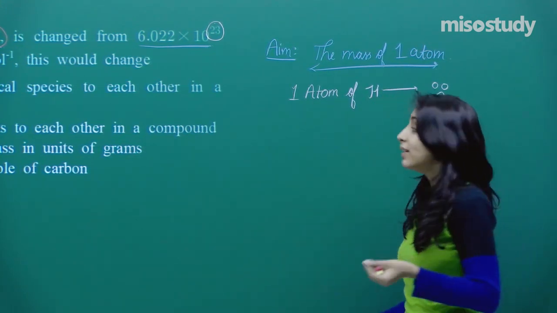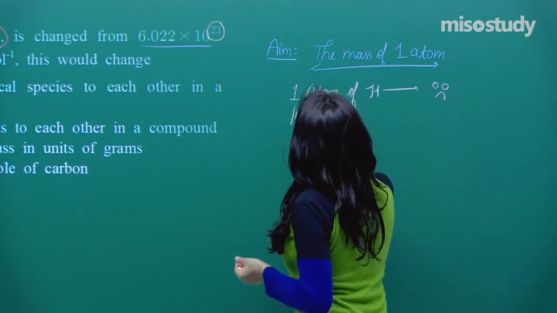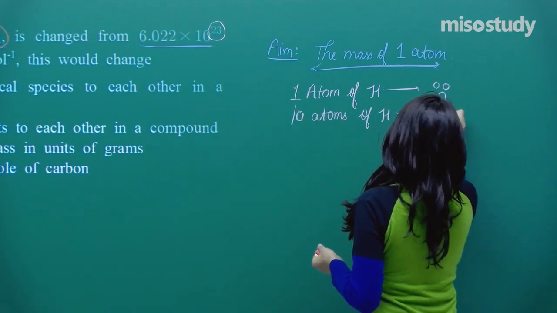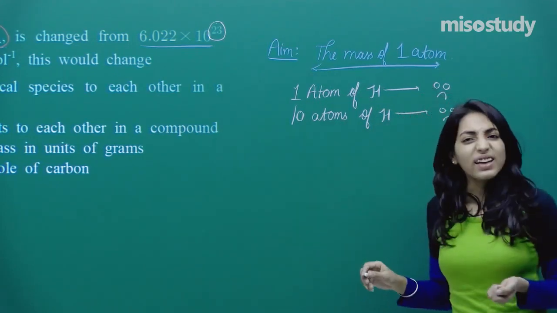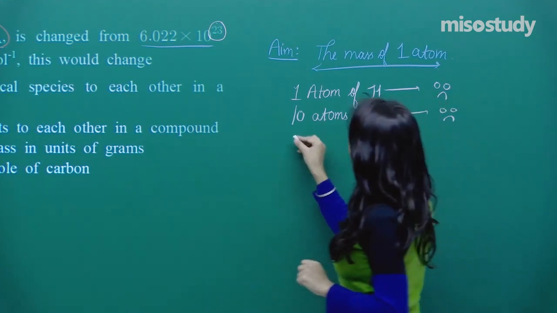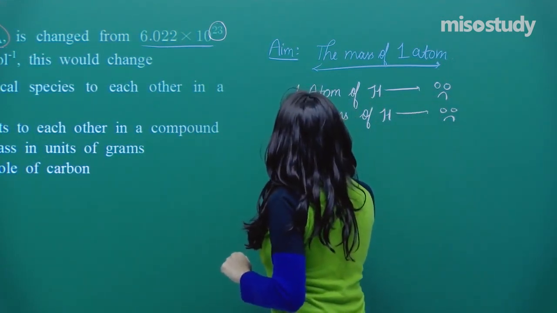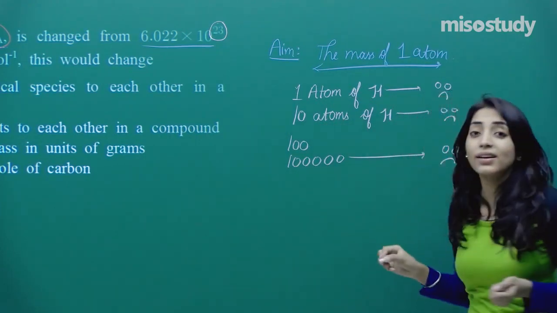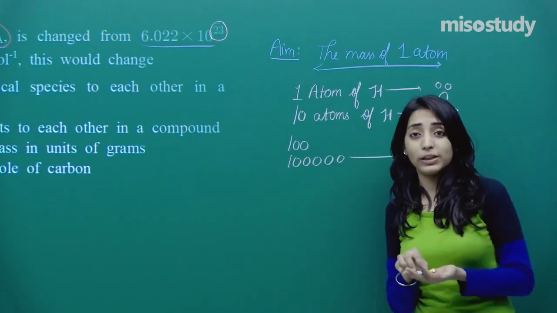You can't measure it. So then I used to ask, okay, no problem, take 10 atoms of hydrogen. Then also you were sad because you couldn't get it. Then we asked you to take 100, 1000, so many atoms, but then you started crying again because you couldn't get the mass properly, right?